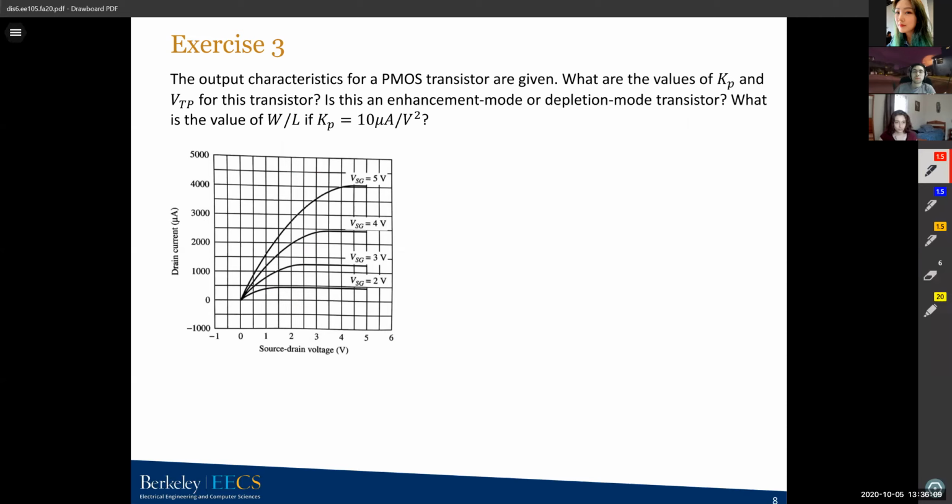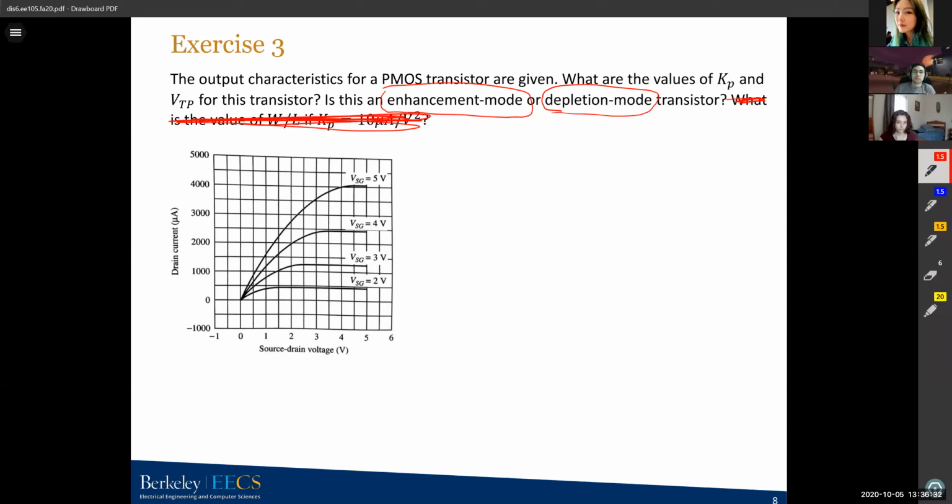Nothing covered here. So first, I would like to clarify, is this an enhancement mode or depletion mode?